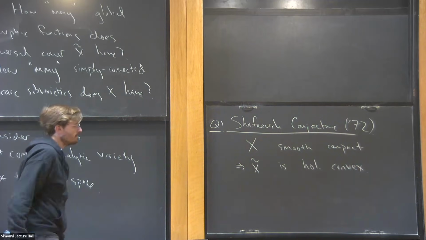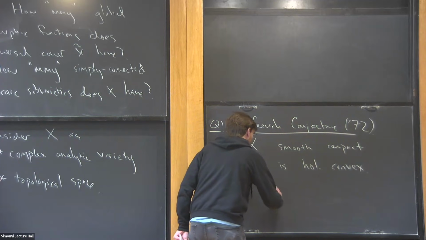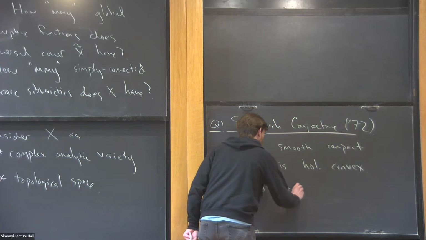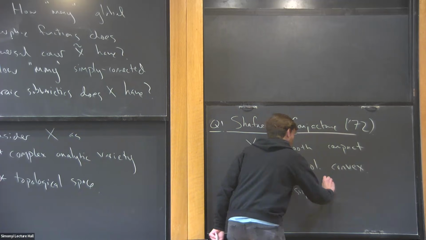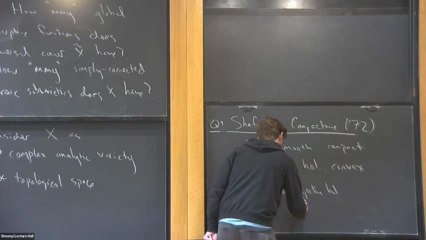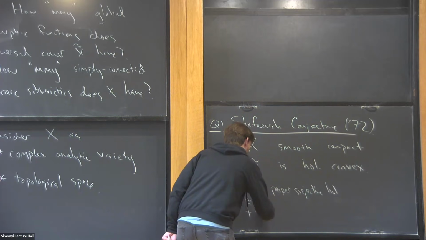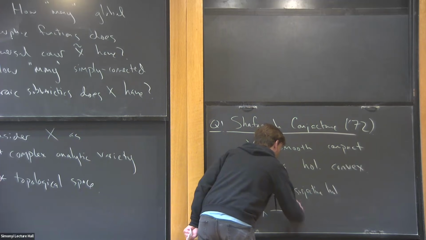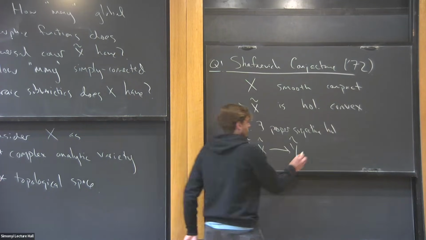Okay, so what does that mean? I.e., there exists a proper, we may as well take it to be surjective, holomorphic map F tilde from X tilde to Y tilde, where this Y tilde is Stein.